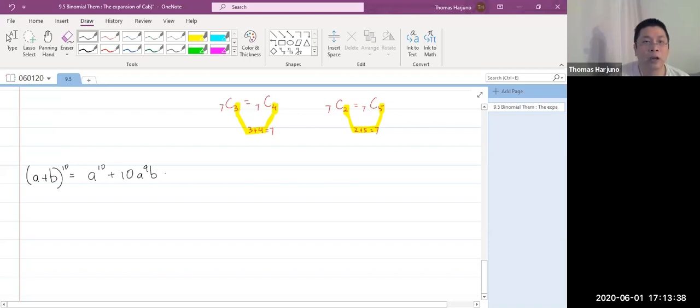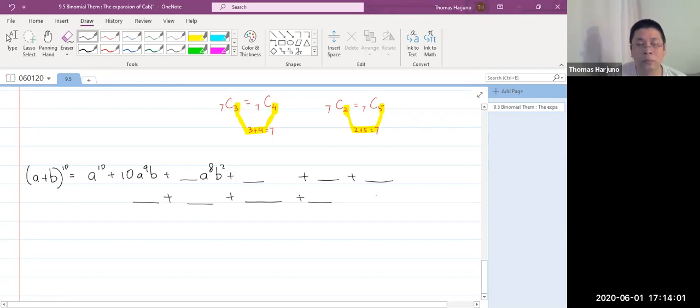And then all the way down. I hope you know how many terms we're supposed to have. And the last one will be b to the 10.